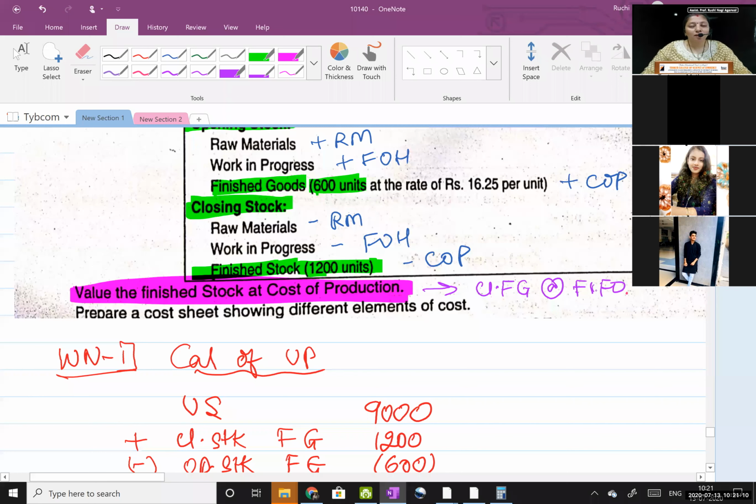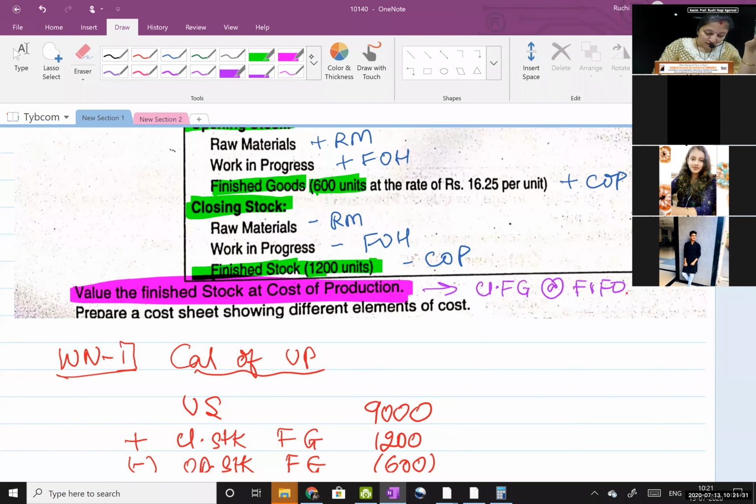Okay, your note number 3. This is your note number 3, which I had done in the theory part. Note number 1 was calculation of units produced and sold. Note number 2 was calculation of cost per unit column, and this was your note number 3, calculation of closing stock of finished goods. So there were two methods, FIFO and weighted average.